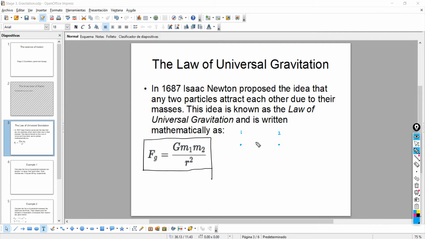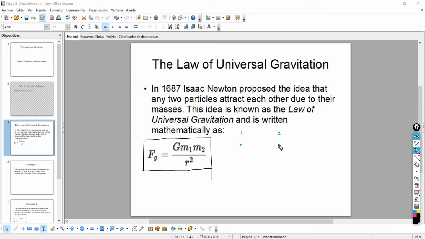Well, he said, there is an attraction between any pair of particles, like in this case, particle 1 and particle 2. They attract one another. The particle 1 attracts particle 2, so basically particle 1 is applying a force on particle 2.